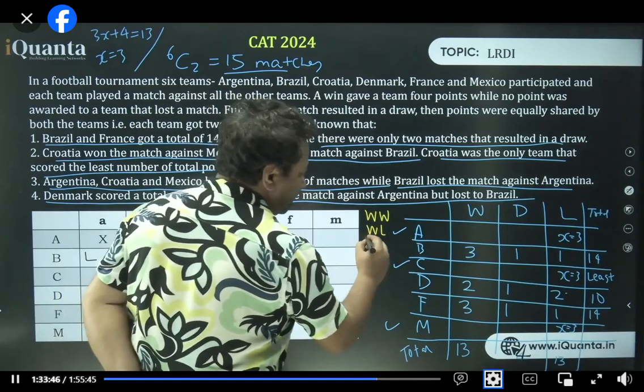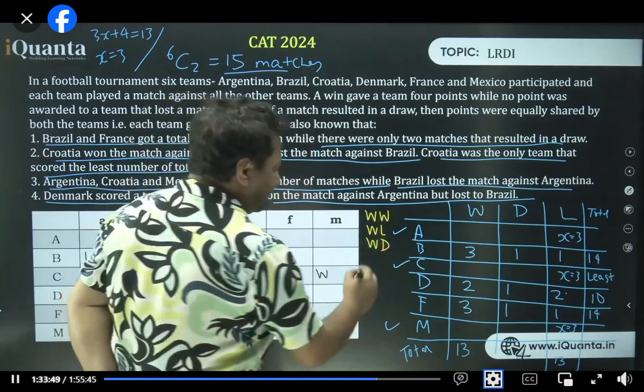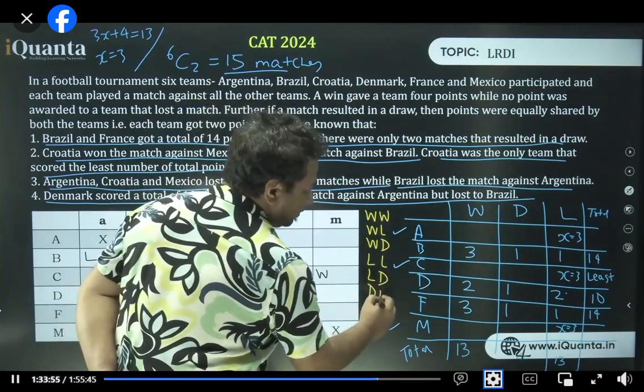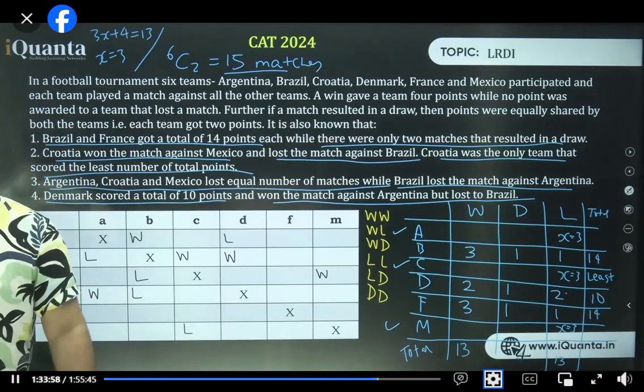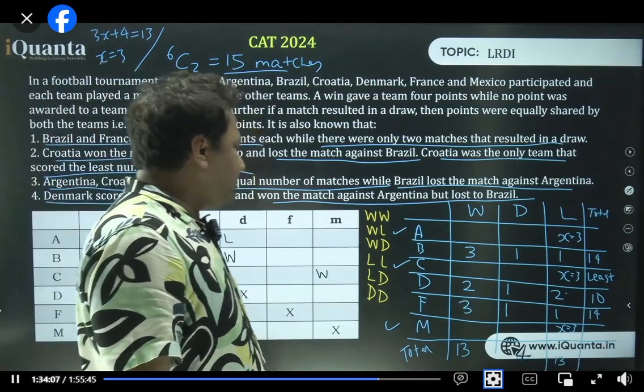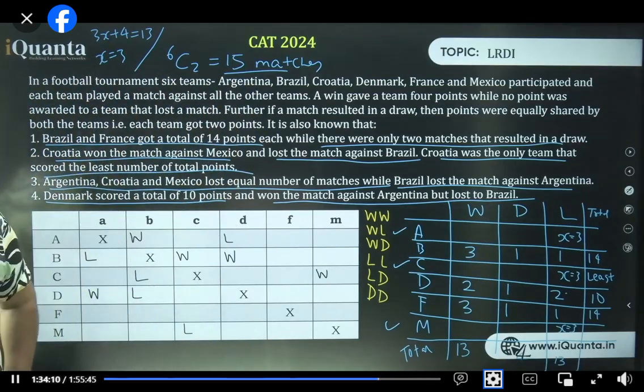It can be win, draw. It can be loss, loss. It can be loss, draw. It can be draw, draw. Cool. These 6 possibilities are there. Understood? Yes or no? Is that clear, everyone?